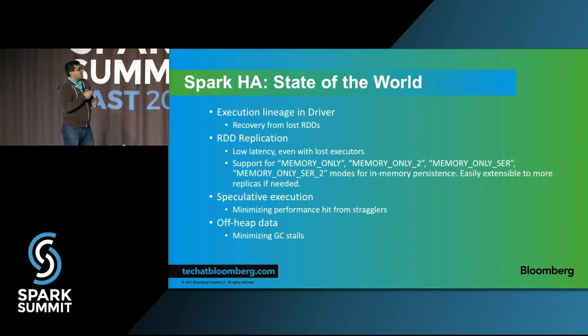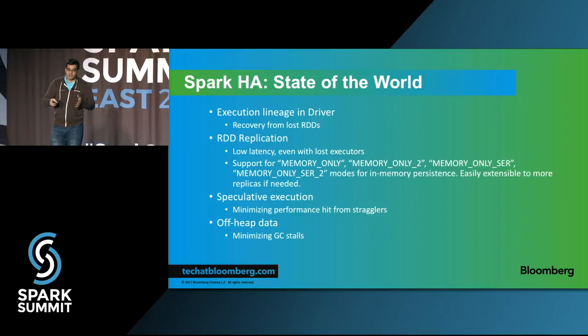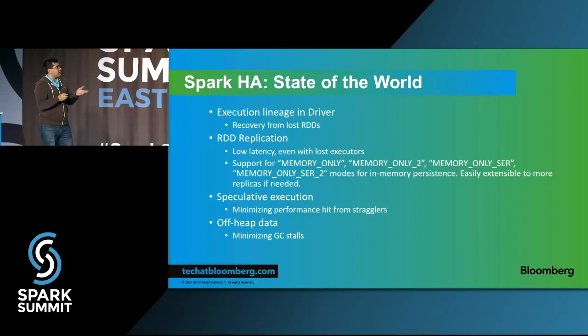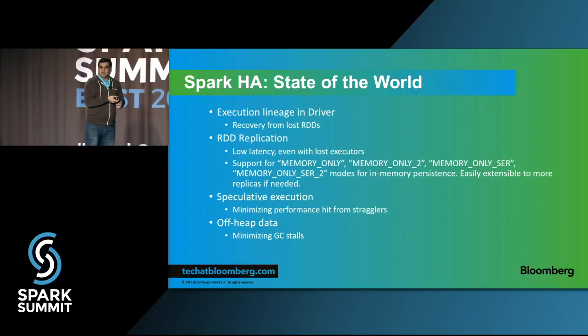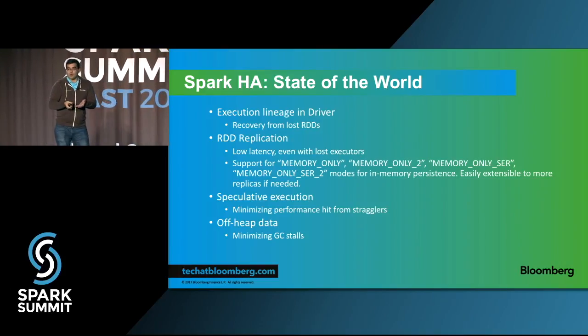So some of you might have used the memory-only 2 or memory-only serialized 2 modes. This basically creates 2 replicas of the RDD in your executors. So this helps you get around RDD loss scenarios, and it's also easily extensible even beyond this. The Spark core actually allows for it.